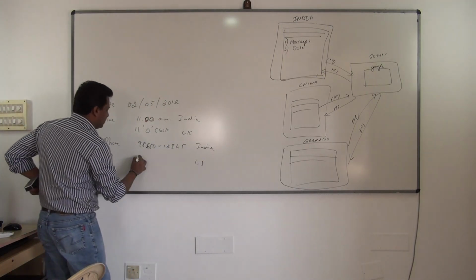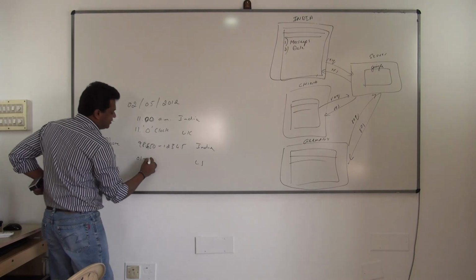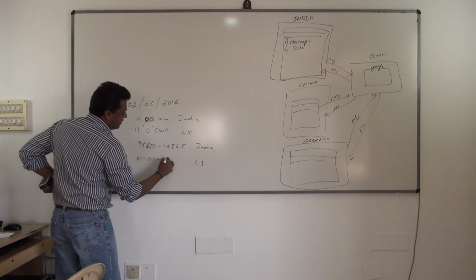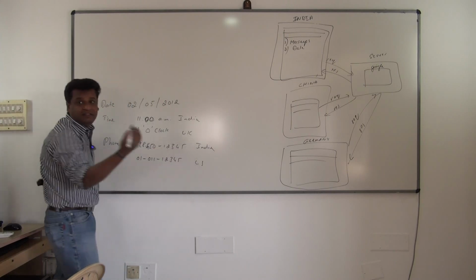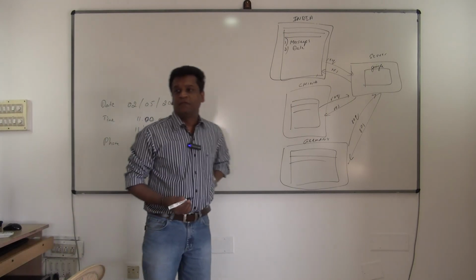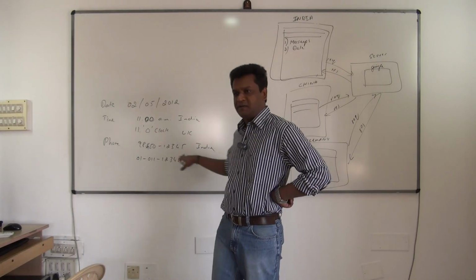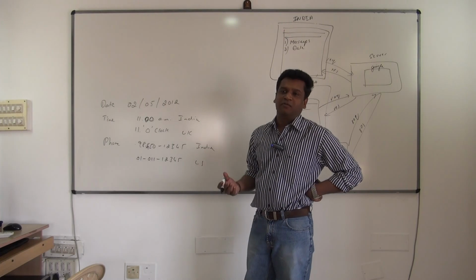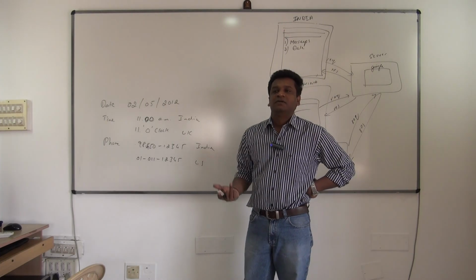They might write 011, then 1 2 3 4 5 like this. 2-digit, then 3-digit, then some 8-digit or something like that. It's the same phone number, but they display it in their own format.